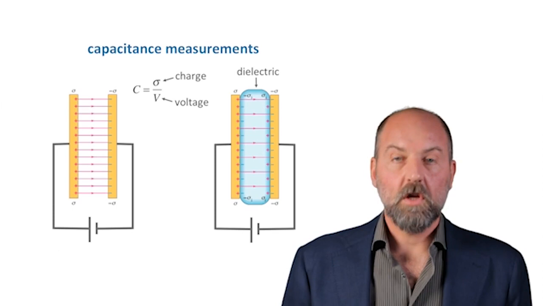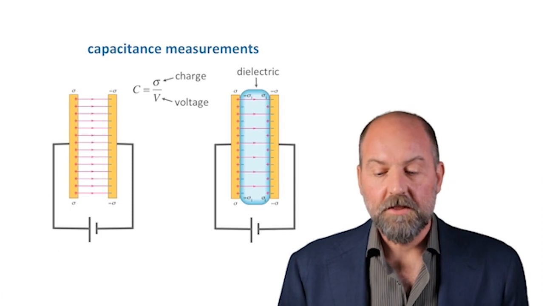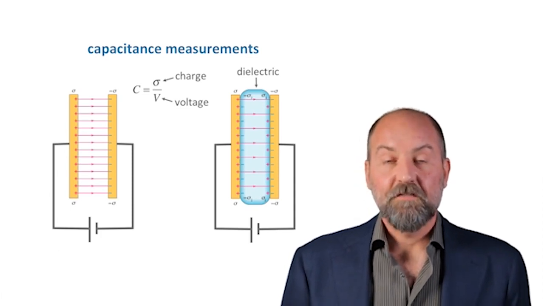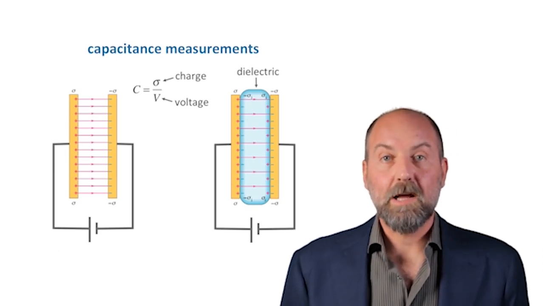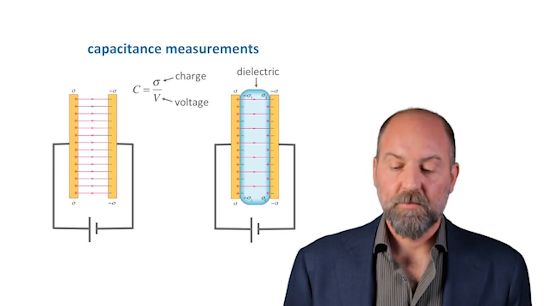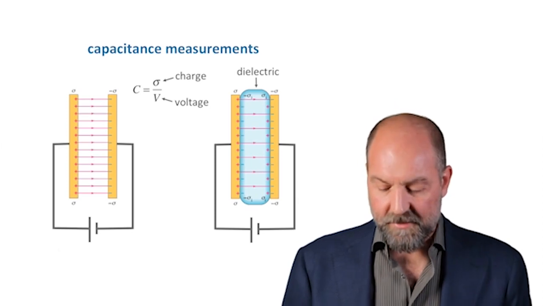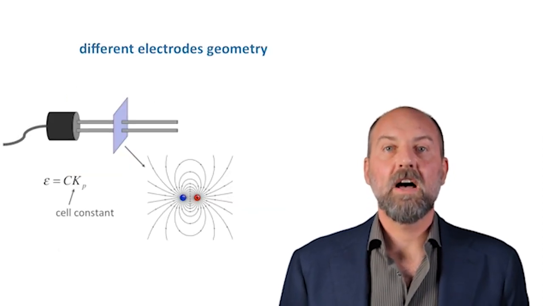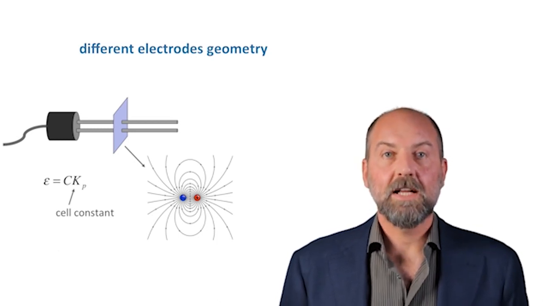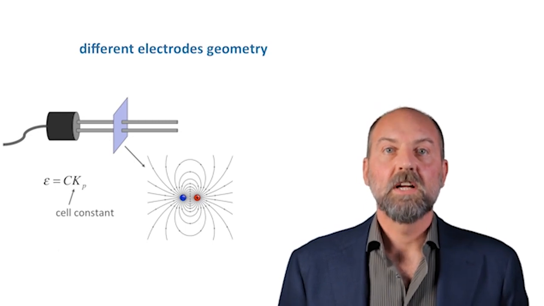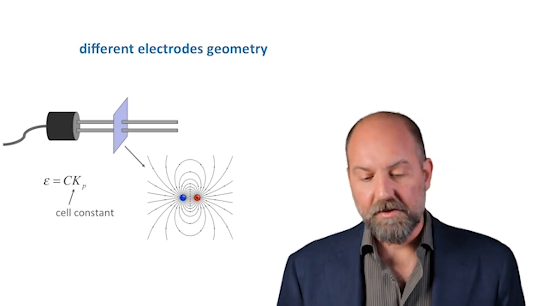The overall effect is to reduce the effective voltage between the plates, and therefore the overall capacity of the system has gone up. So the introduction of the dielectric material in general has the effect of increasing the capacity. And there is a proportional relationship between the dielectric property and the capacity that you see expressed here. The proportionality constant is what we call the cell constant or geometry factor.